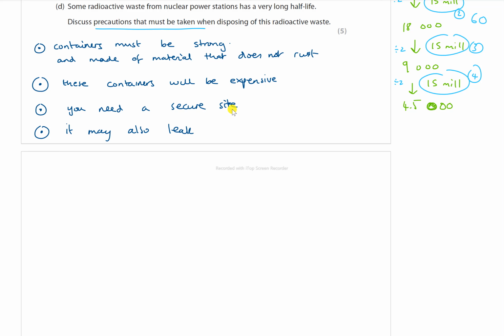It may also leak into the environment, such as drinking water. Okay, so one of the problems, they must be very strong, rust proof, because you're going to need them for thousands of years.